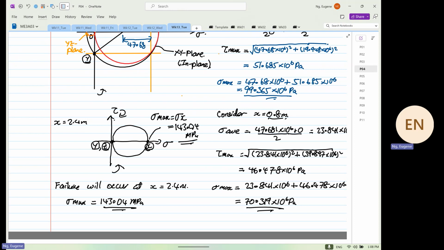So again, what is so unique is you are able to do failure analysis, yes or no? Now you are able to go into in-depth failure. And if your final year projects are in structure analysis, one of you has to do this calculation.